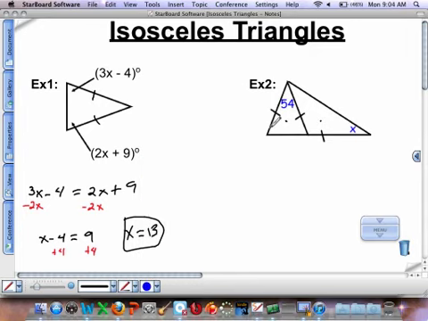So what you're telling me, Kevin, is since these two base angles are the same, if I subtract out my vertex angle, 180 minus 54, and take that and divide it by 2, that'll give me the value of that angle? Yes. Okay? Well, let's do that. So what's 180 minus 54?